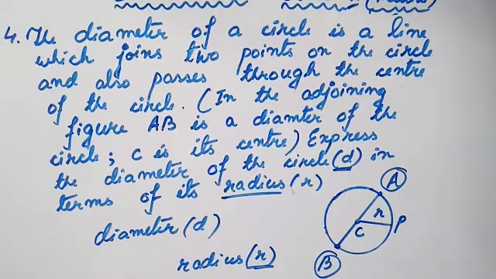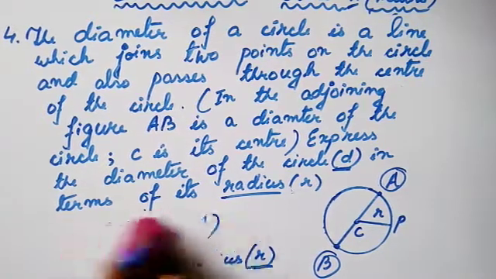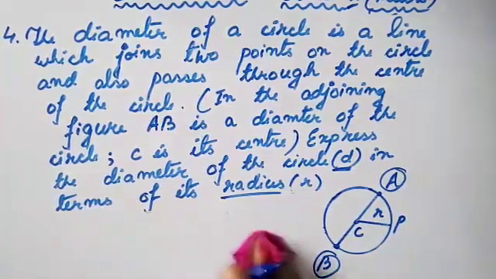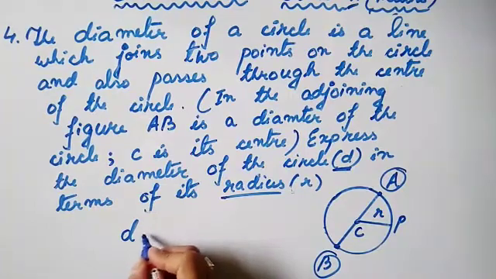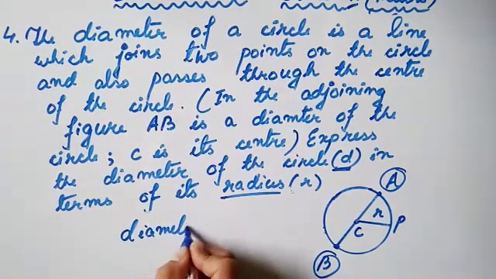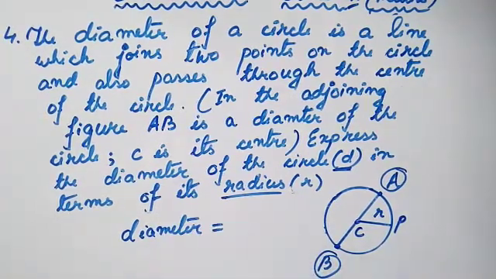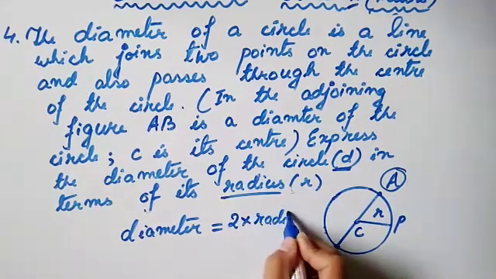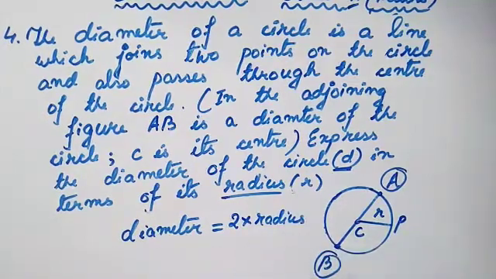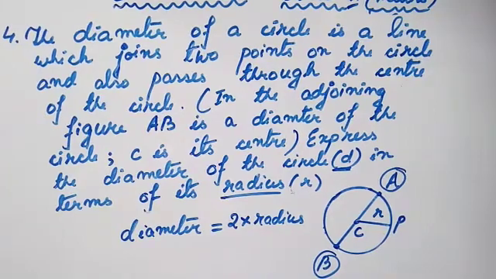So there's one formula that we need to remember. What is the formula of diameter in terms of its radius? Do you still remember the formula? Yes, it is given by 2 times the radius. Right? Diameter equals 2 times the radius.